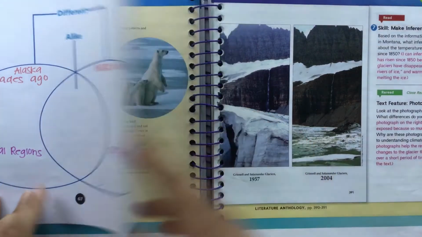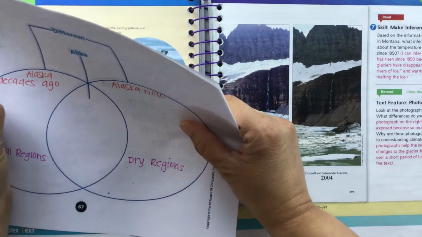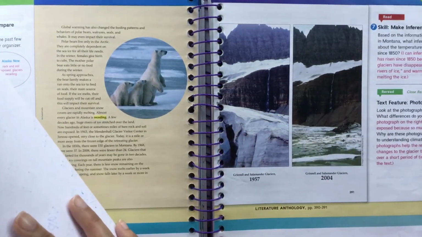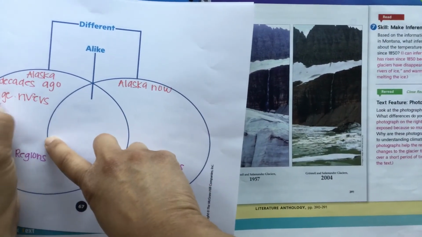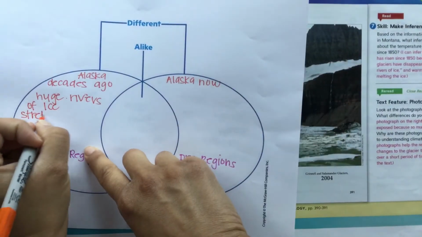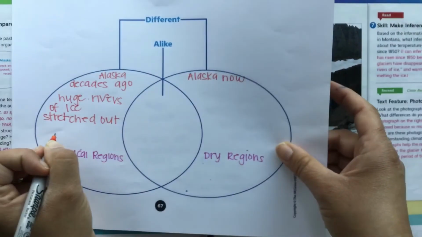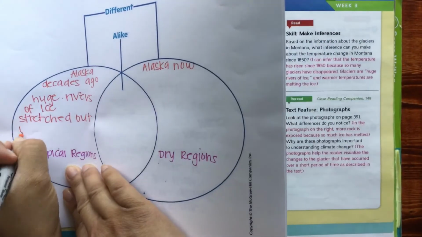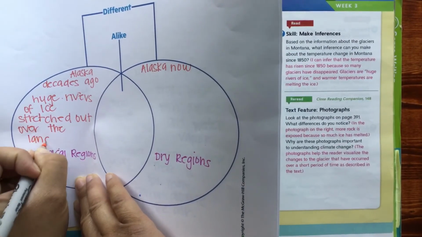So, decades ago, huge rivers of ice stretched out over the land.